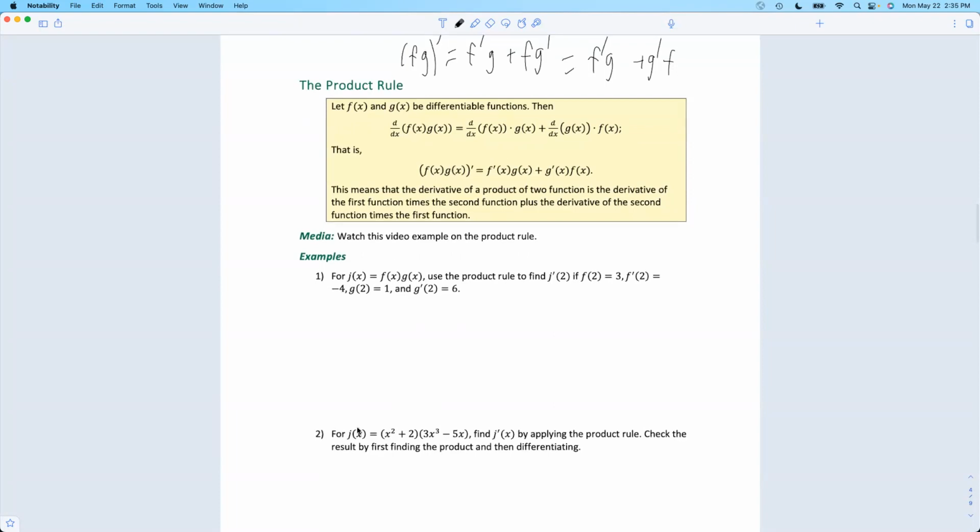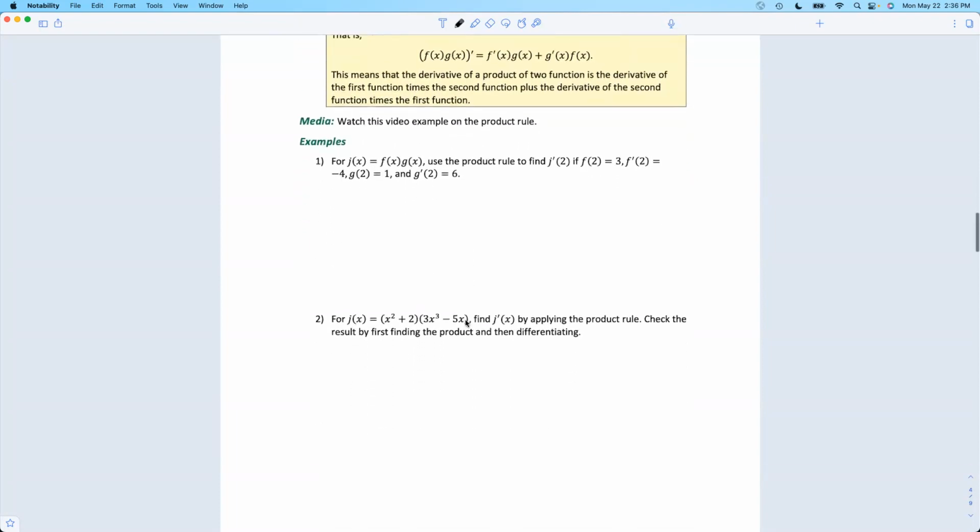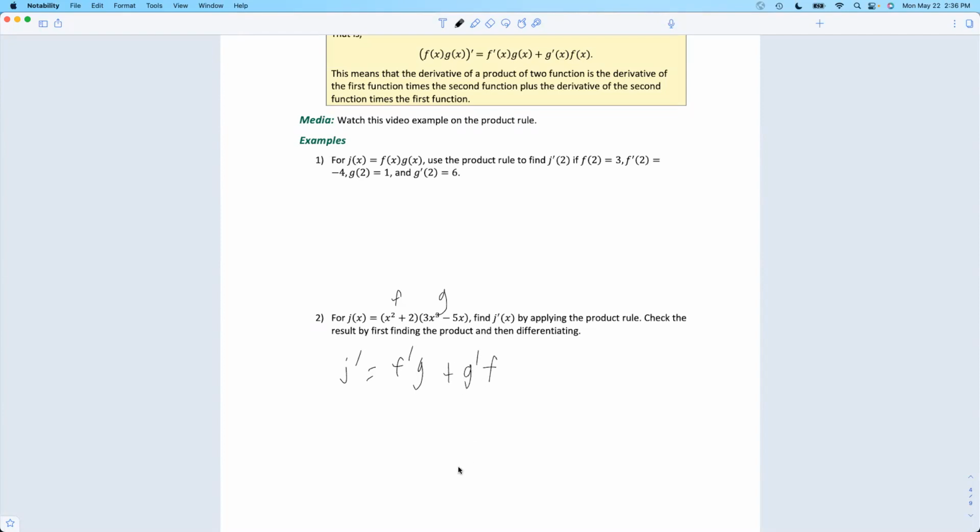Okay. So let's do this problem first, and then we'll come up and do that one. Okay, so I've got two functions here. I'm going to call this first guy F and this second one G. Then J prime will be F prime G, derivative of the first times the second, plus derivative of the second times the first.